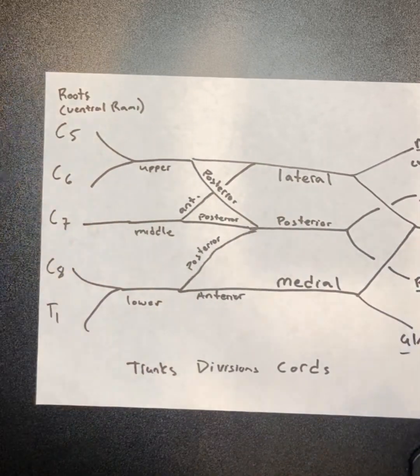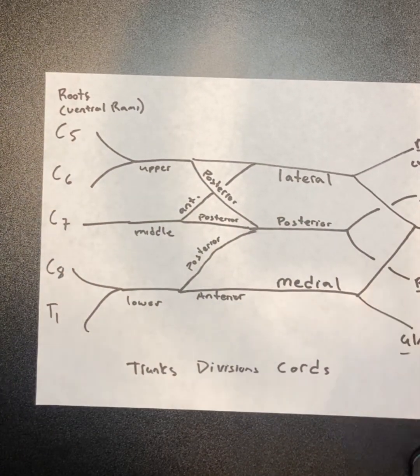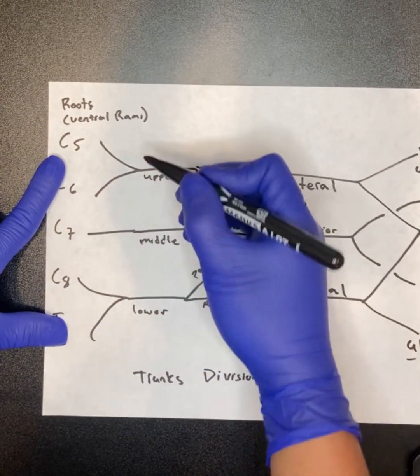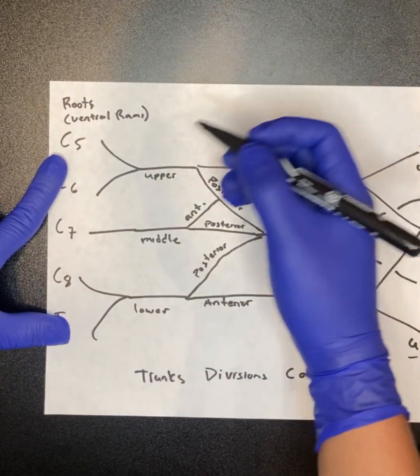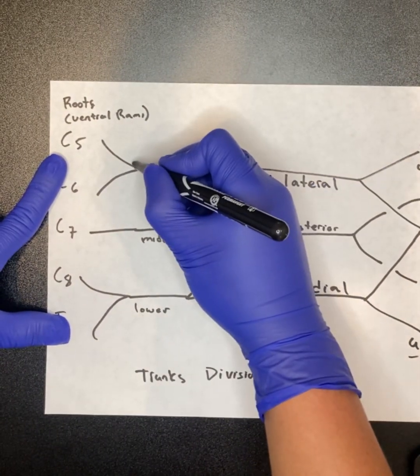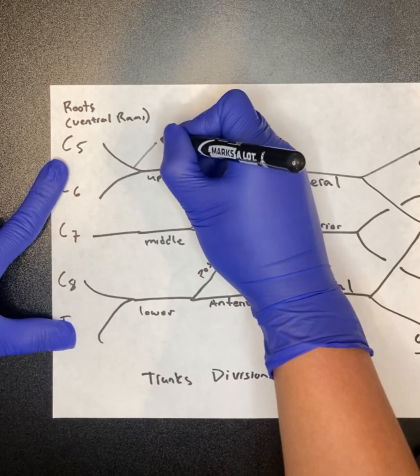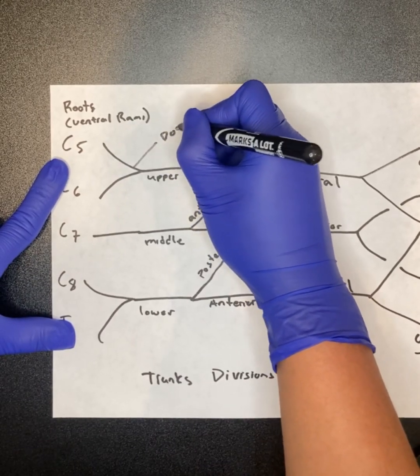A few more lines to go. We'll go back up proximally. From C5, you'll get a nerve. That will be the dorsal scapular nerve.